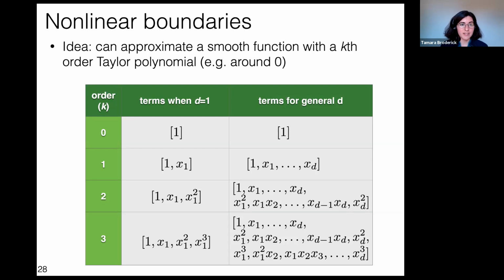It's not the only way we can come up with flexible functions. There are definitely other ways, but this one's convenient, and certainly an easy thing to do. All I have to do is take my original feature and make some new features, 1, x1, and x1 squared, for instance. And then I can get these super flexible boundaries that we saw before.